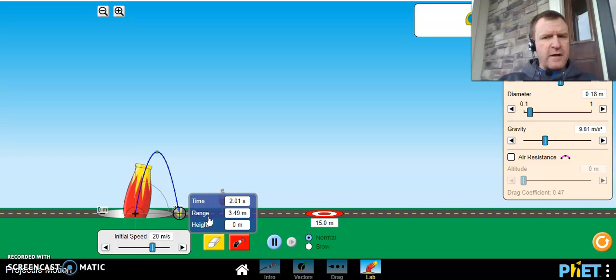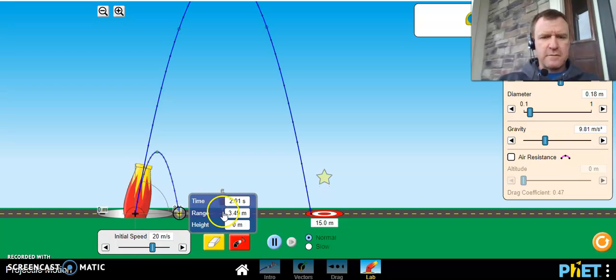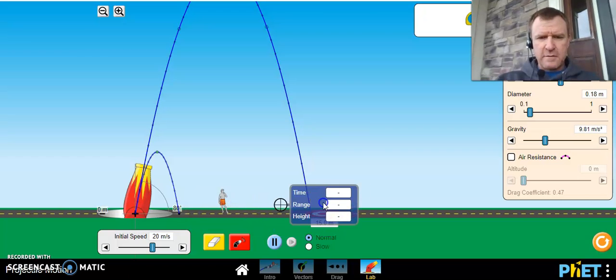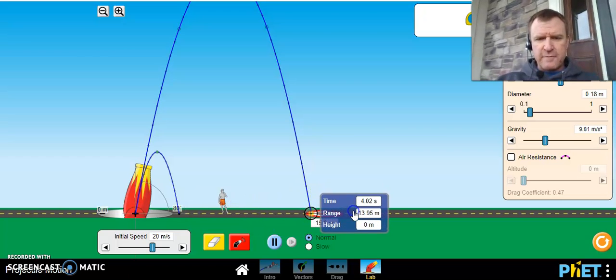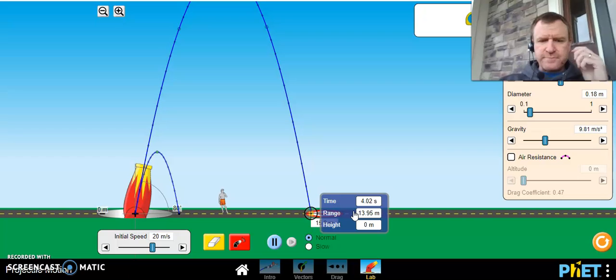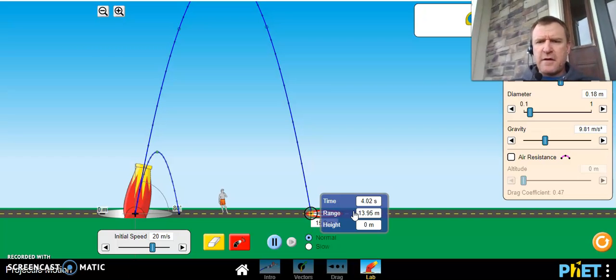So our y velocity is doubling. We should see double the time, right? Or is it one of those trick ones where it's like 4 times or something like that? Let's check it out. Hey, hit the target. 4 seconds. So it is double the time.